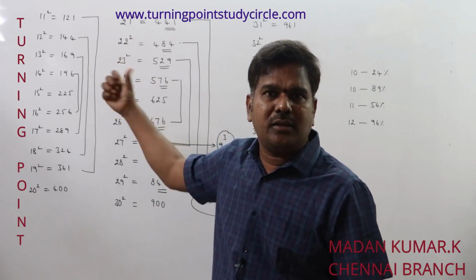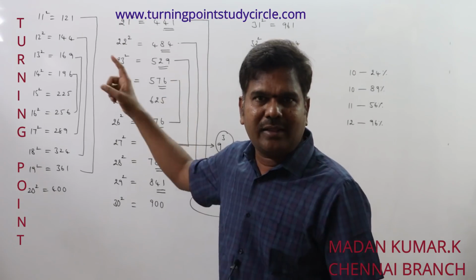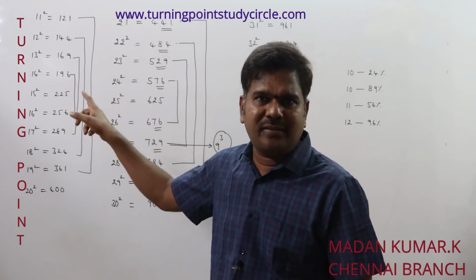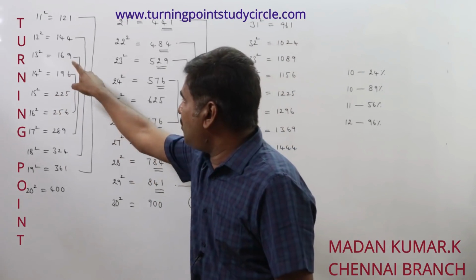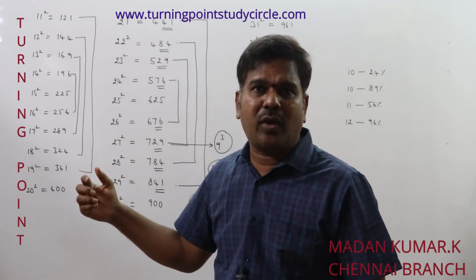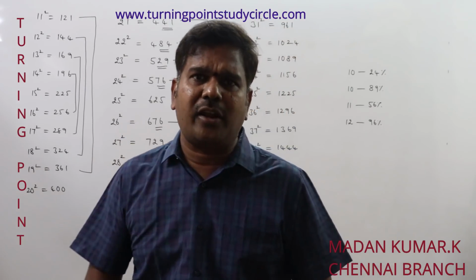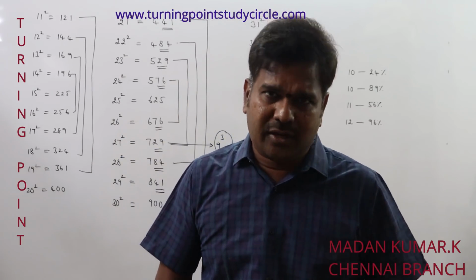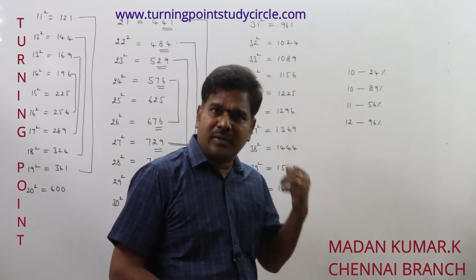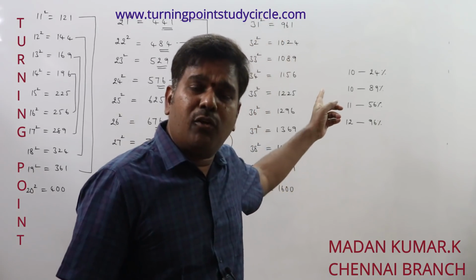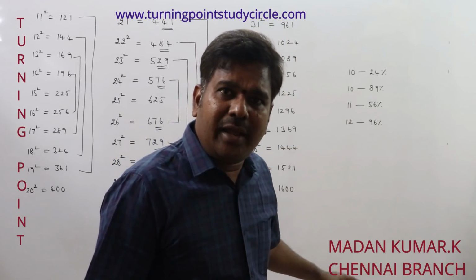Once you know 12 square, 38 square is 1444. 13 square 169, exactly ulta, 31 square 961. 14 square, same digits, 196. 15 square 225, 16 square 256, 17 square 289, 18 square 324, 19 square 361, 20 square 400, 21 square 441, 29 square 841.